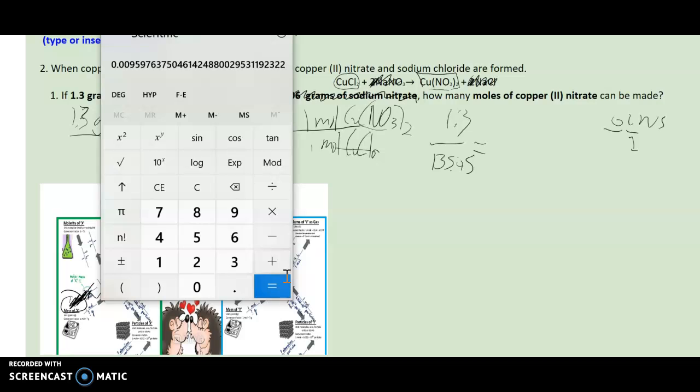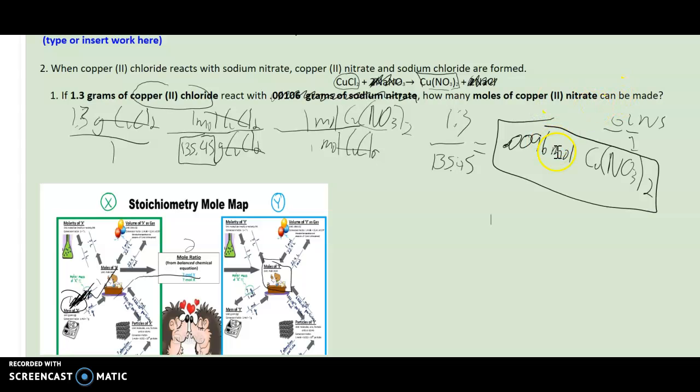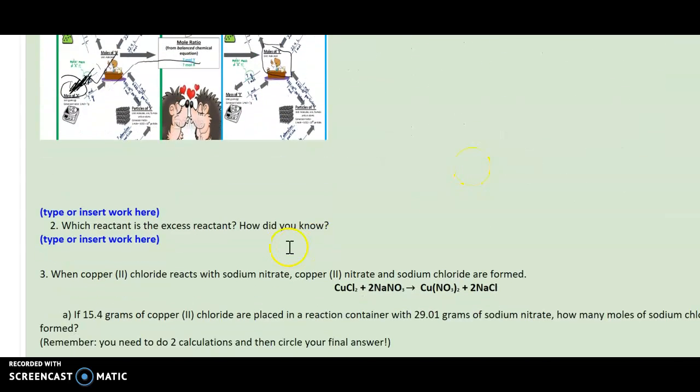I'm going to round it a little bit: 0.0096 moles of, what am I left with? CuNO3 2. That video didn't take very long, so I'm going to do this whole thing in one step. So now I've got maybe an answer, and now I'm going to go on to the next one.